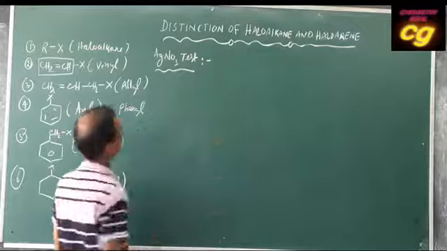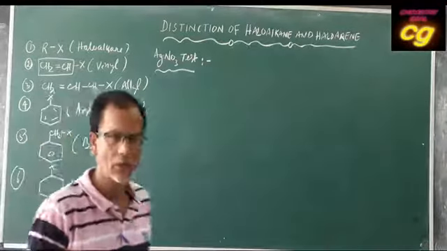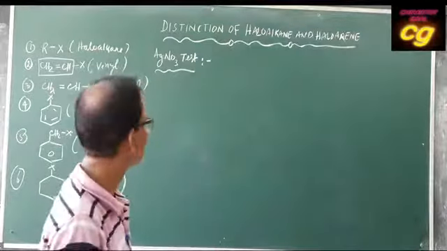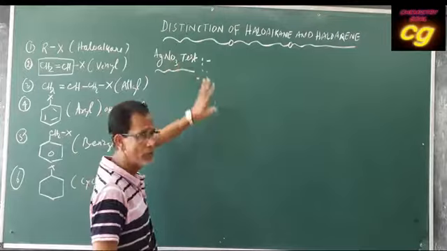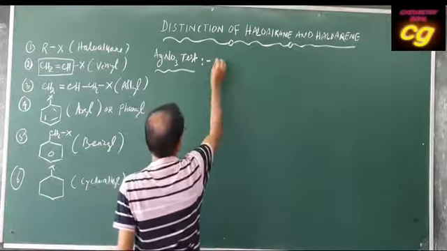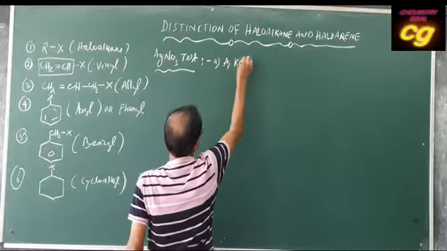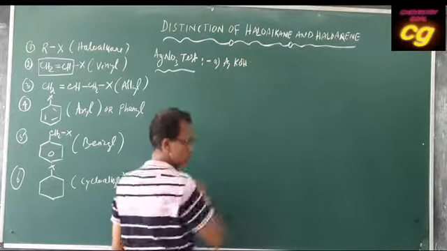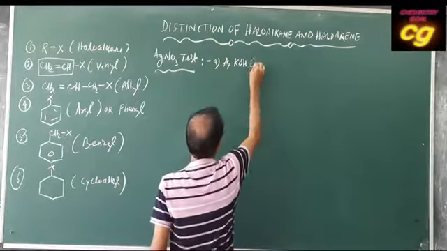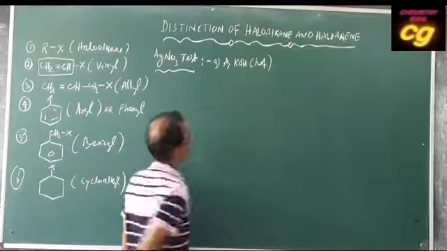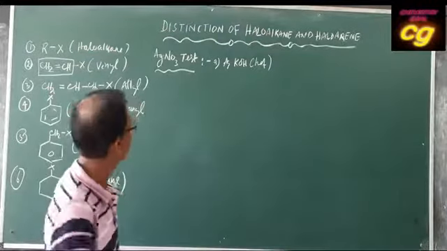Very important, this is the common test for all haloalkanes and haloarenes, which will give or which will not give. What is the silver nitrate test? In the first step, you add aqueous KOH, hot aqueous KOH, and then heat the solution.